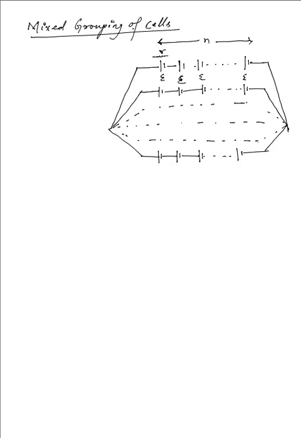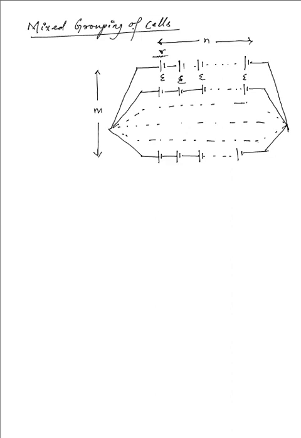So this is the arrangement of cells, and here we have m rows, and n can be treated as the columns. So m rows and n columns of cells, each having EMF E and internal resistance R.